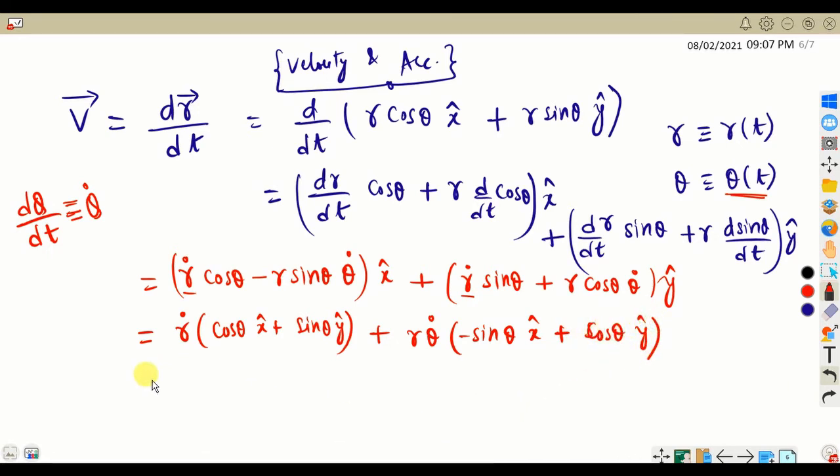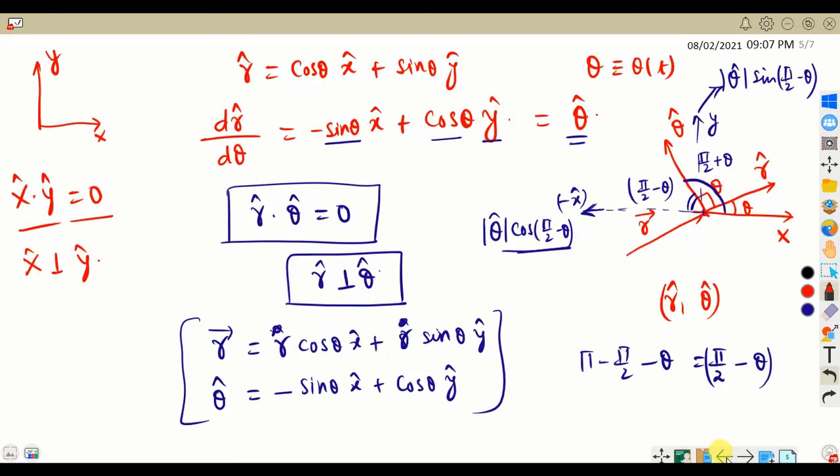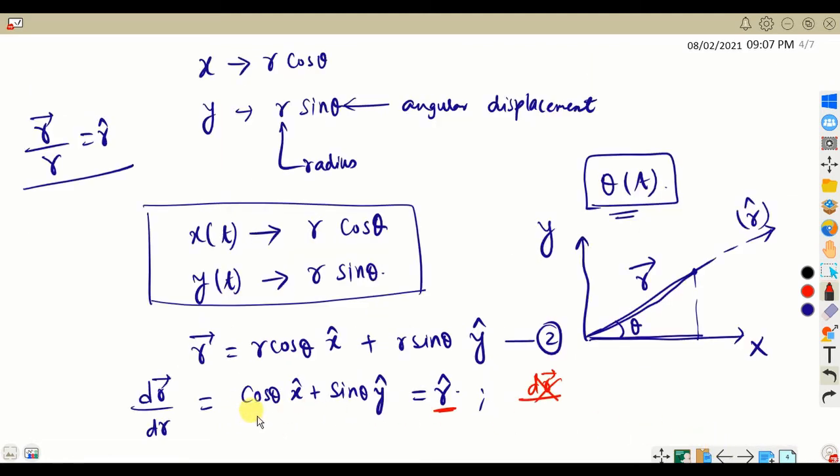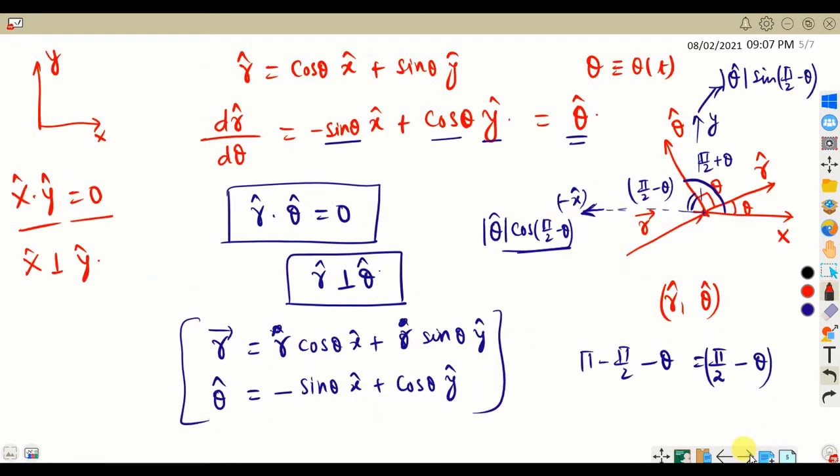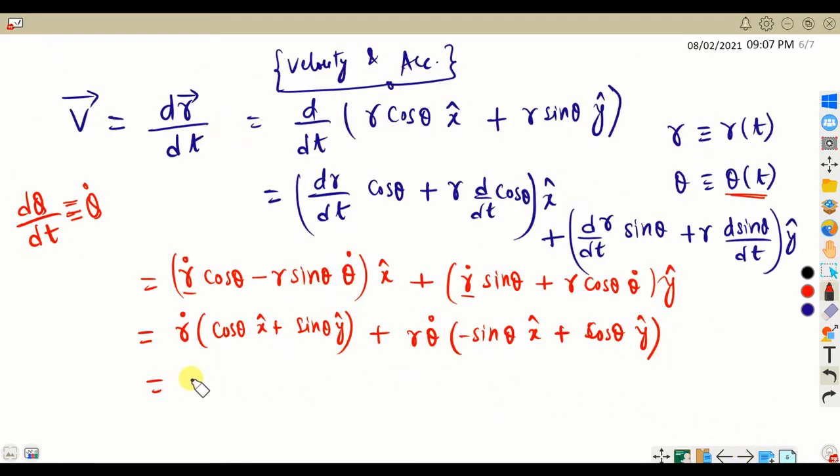Now cos theta x hat plus sin theta y hat, I had something like r vector by r, that is r hat. Wow, amazing. So I can write here this is your r hat plus r theta dot.